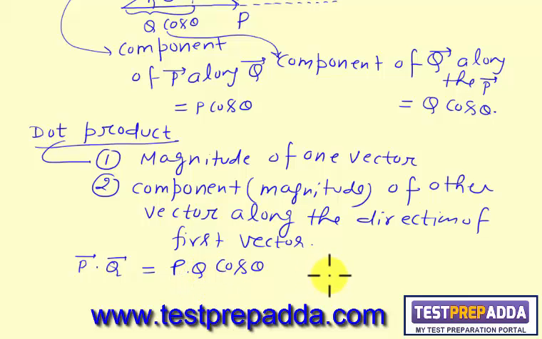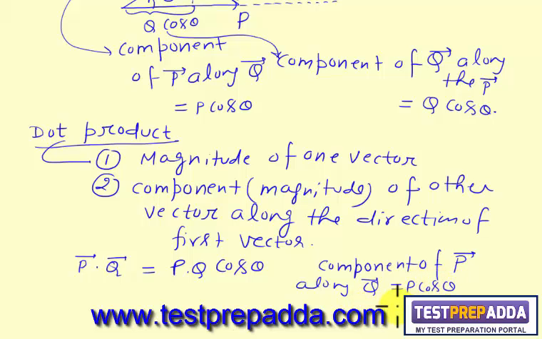So if you are asked to find the component of P along Q, actually it is P cos theta, right?